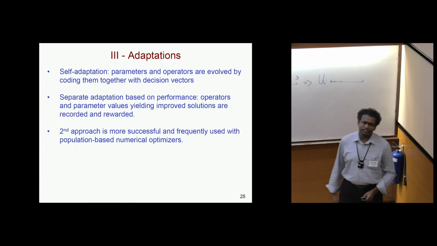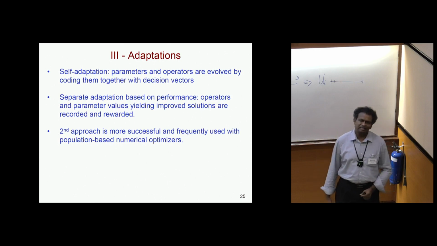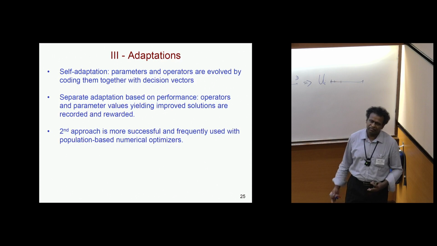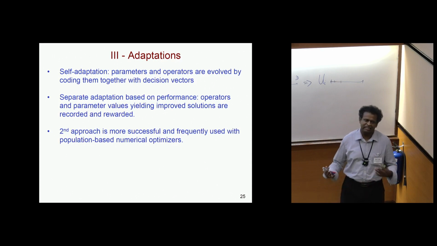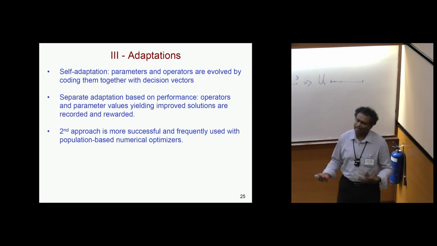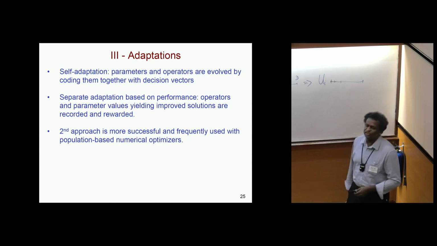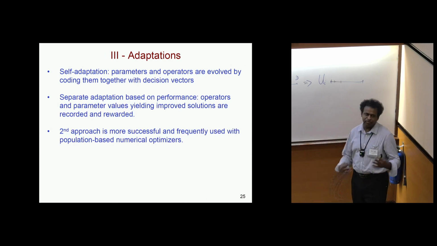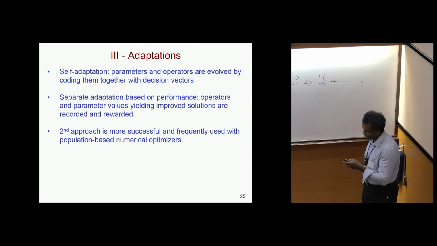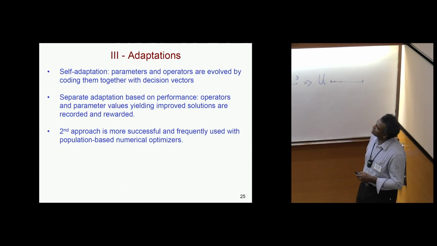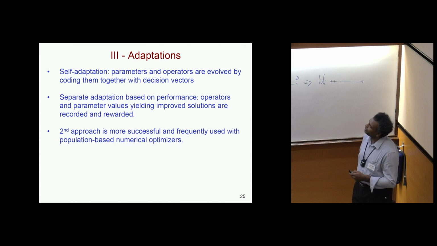Another one is adaptation. I mentioned it yesterday also with genetic algorithms. When you have different crossover operators, different mutation, different selection operators, you can have adaptations with ensembles. So, you can put the ensembles with adaptation as well. Adaptations are usually done in two different ways, either self-adaptation or separate adaptation.